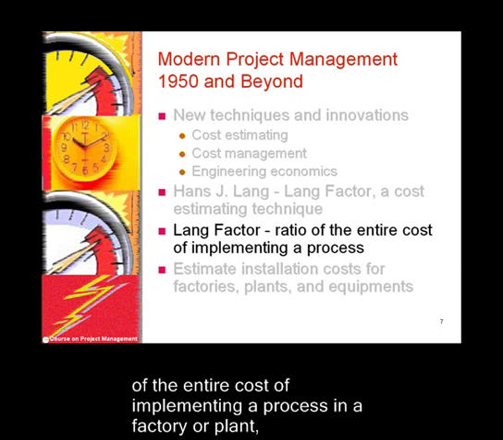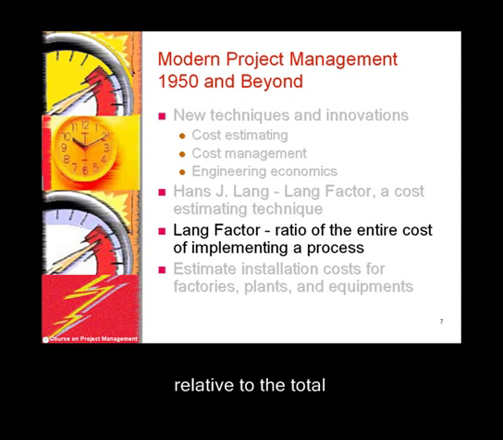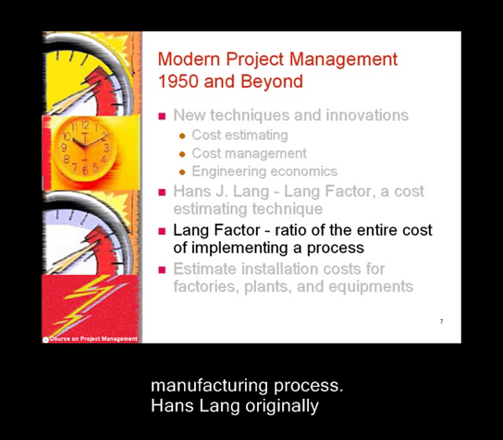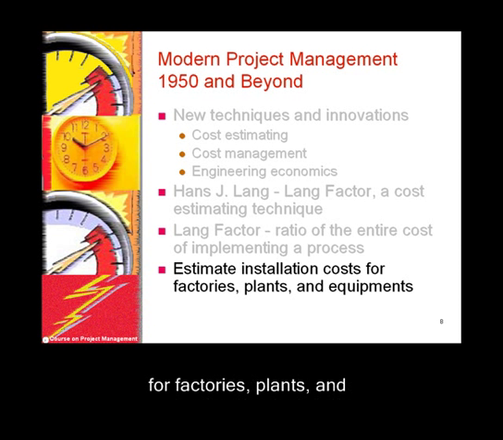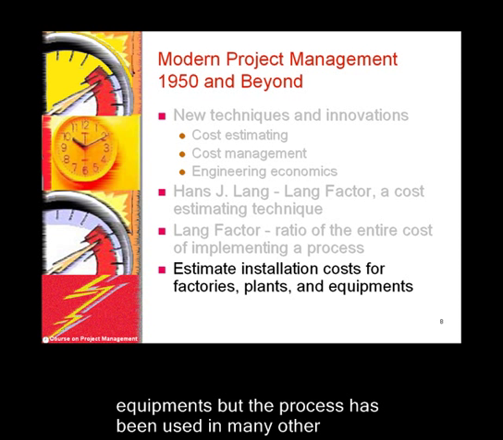The Lang factor is the ratio of the entire cost of implementing a process in a factory or plant relative to the total manufacturing process. Hans Lang originally introduced this technique as a way of estimating installation costs for factories, plants, and equipment, but the process has been used in many other settings as well.